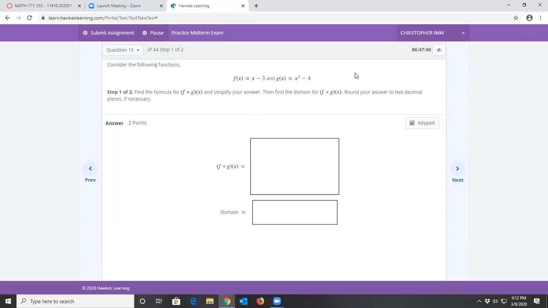Wait, what problems will we correct then? Whatever you miss on the test. After the testing deadline is over on Friday, I will go back into the testing center, get your work, and assign partial credit. At that point, you'll be able to go back in from home and see what you missed on your test.